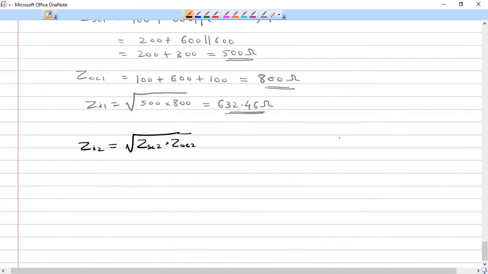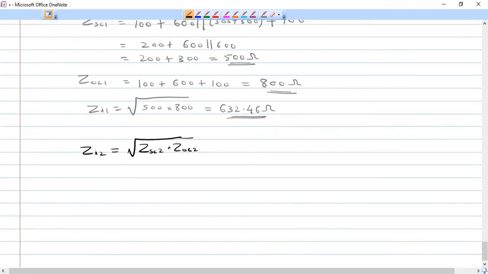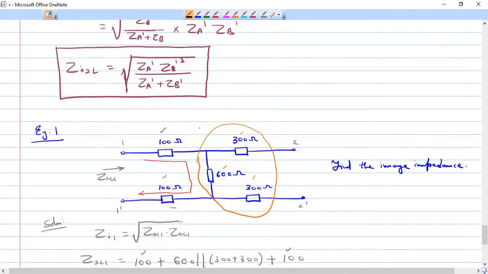Second, we do the SE and the OC of this particular network. What will be the short circuit impedance when you short this side and look at this network from the second port?